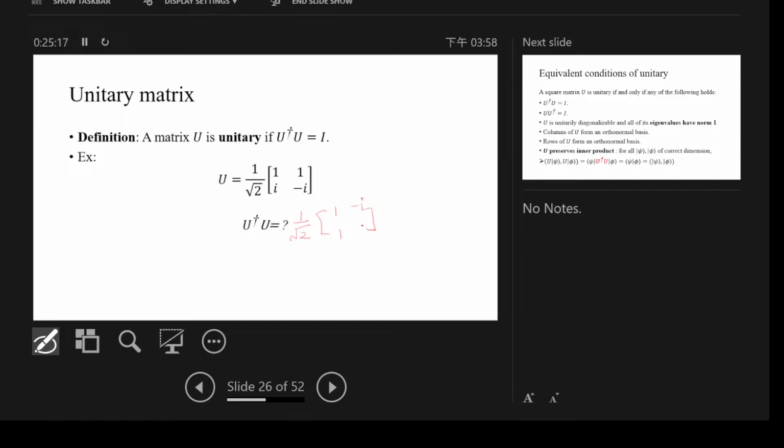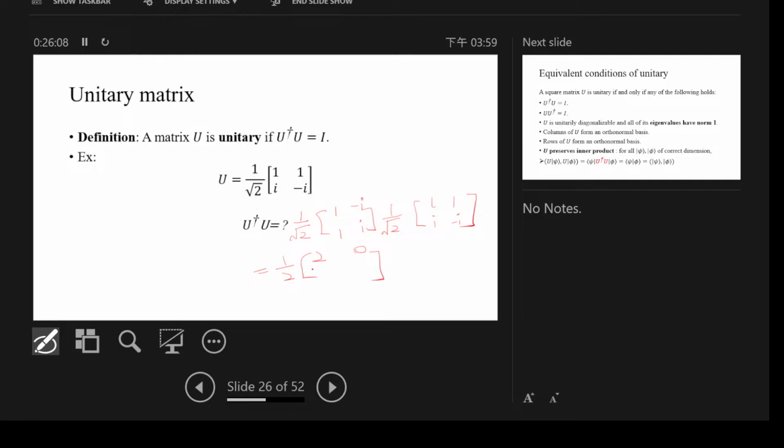Then we multiply by the original matrix U. This is 1 over 2 times a matrix. The first entry is 1 times 1 plus minus i times i, so 1 plus 1 equals 2. Then 1 times 1 plus minus i times minus i, and minus i times minus i is minus 1, so 1 plus minus 1 equals 0.